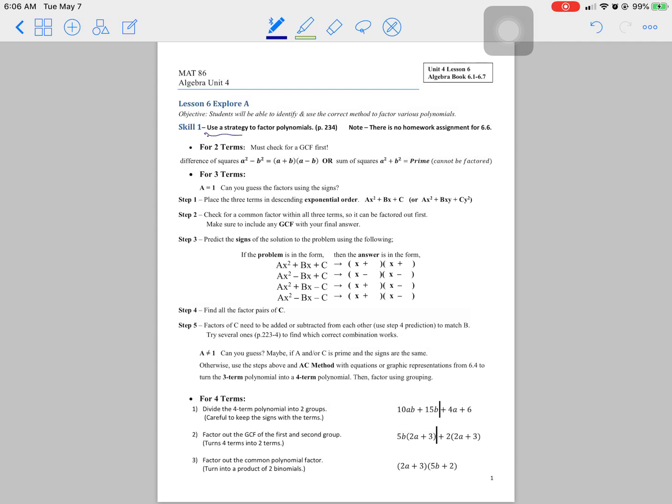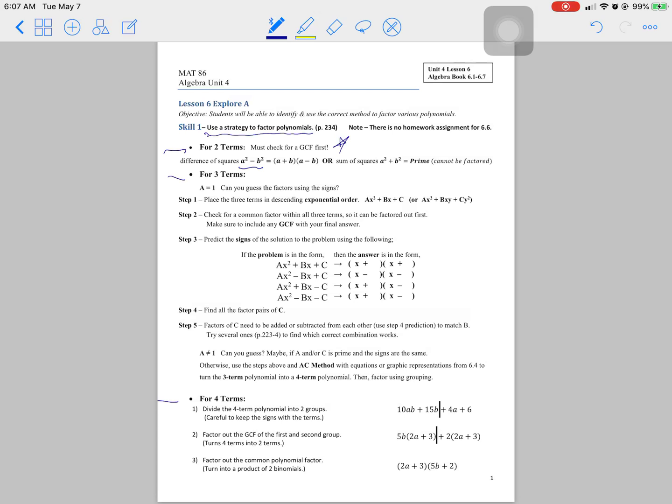Skill 1 says use a strategy to factor polynomials. Basically, you can get a 2-term problem, a 3-term problem, and a 4-term problem. For a 2-term problem, just check for the GCF like you do for everything. Then remember, it's going to be a difference of 2 squares.